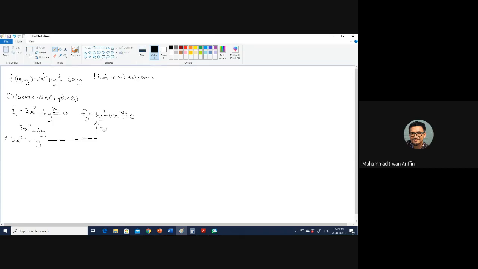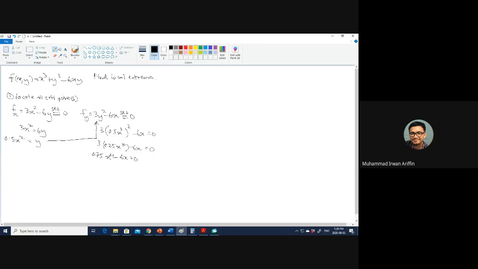So I have 3 times 0.5 x squared, all squared again, minus 6x equals 0. This would be 3 times 0.25 x to the power of 4 minus 6x equals 0, so this becomes 0.75 x to the power of 4 minus 6x equals 0.